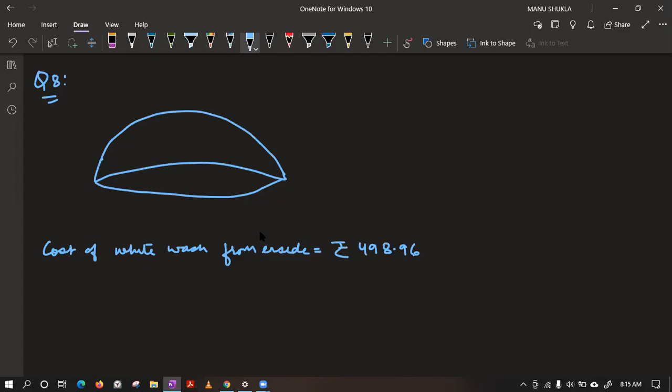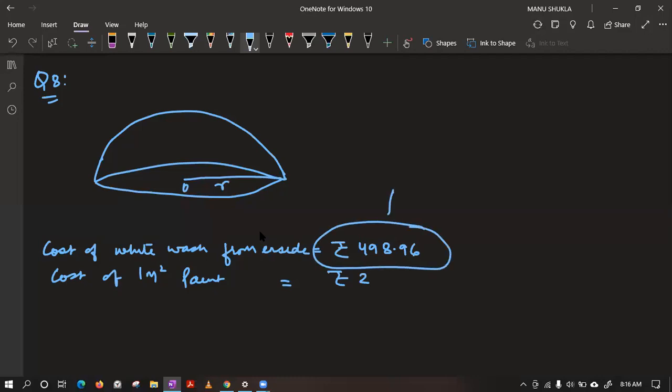If the cost of whitewashing is rupees 2 per square meter, so the cost of 1 meter square paint is given to you as rupees 2. Now they are asking you first find the inside surface area of the dome, which is very simple. If this is the dome having radius r, we have to understand how this value was obtained.